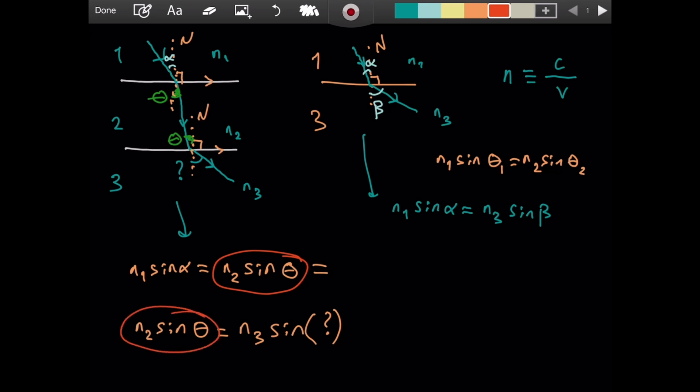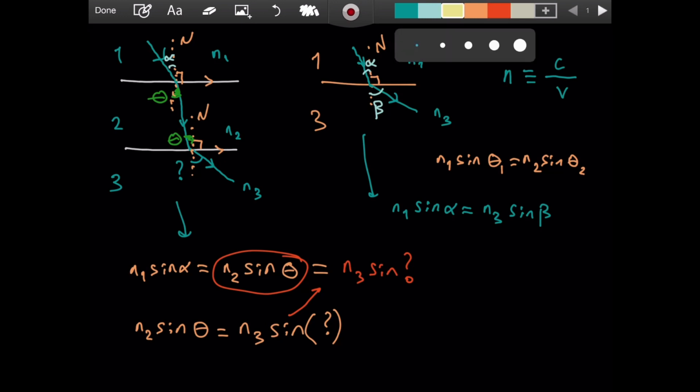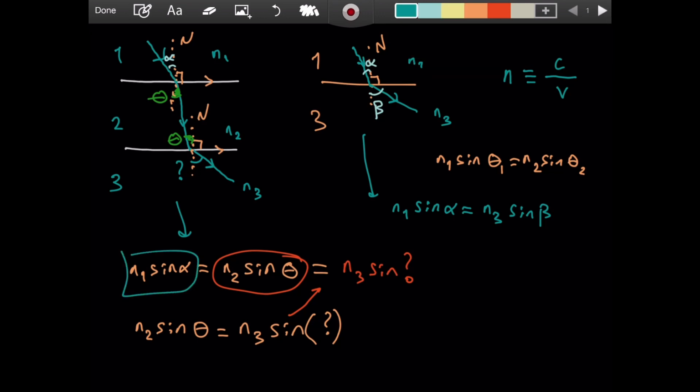N2 sine theta appears in both equations, which means we can substitute this here. N3 sine of question mark. And when we do that, surprise, surprise, we see n1 sine of alpha equals n3 sine of question mark.